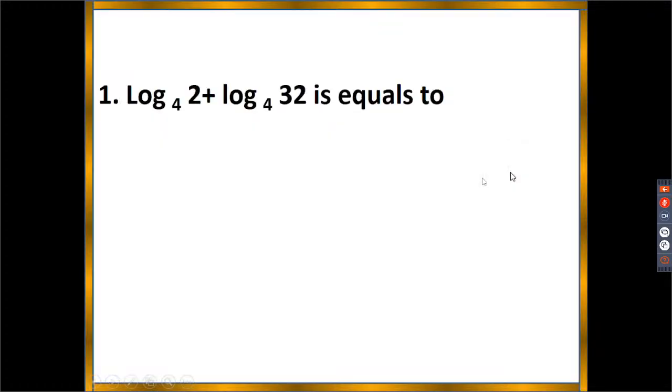Write down: log 2 base 4 plus log 32 base 4.